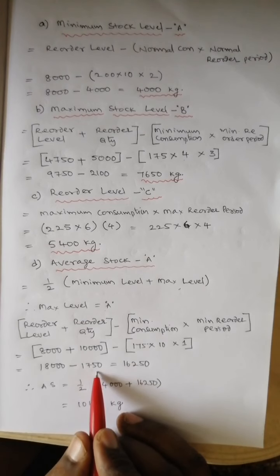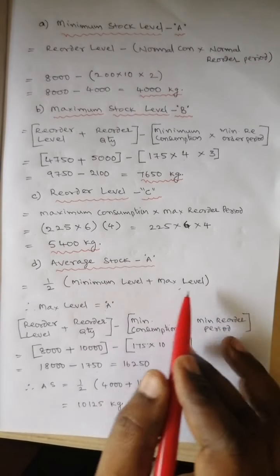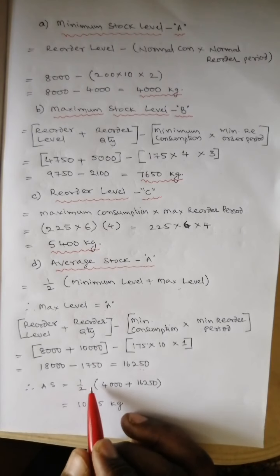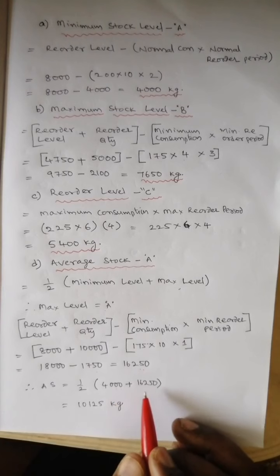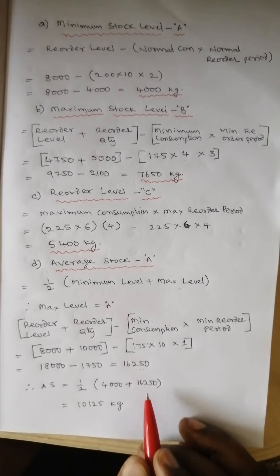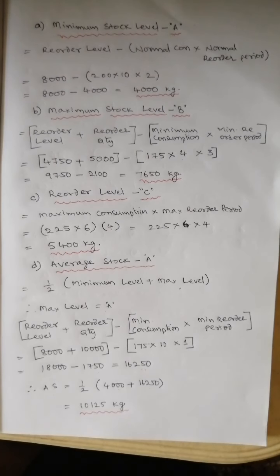So 18,000 minus 1,750 is 16,250, which is the maximum level of stock of A. When both minimum and maximum are available, average stock is equal to 1 by 2 of 4,000 kgs plus 16,250 kgs. So the average is 10,125 kgs.